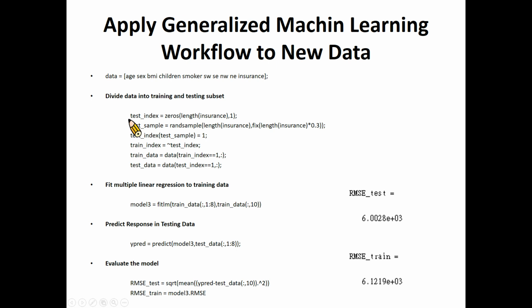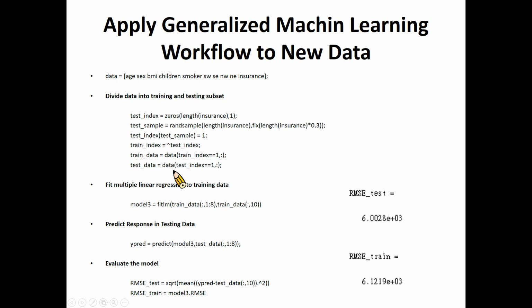Using the code I already showed you in the previous class, we can use the rand sample function to divide the data into 70% training and 30% testing subsets. In this case, I can simply divide the data into training and testing.